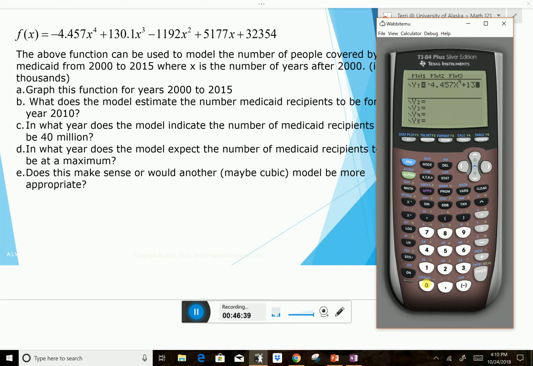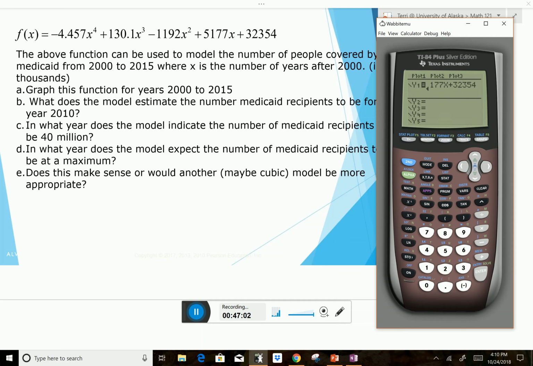Plus 130.1 x cubed, I have a shortcut for, math 3, minus 1192x squared, plus 5177x, this is a complicated one, 32354.